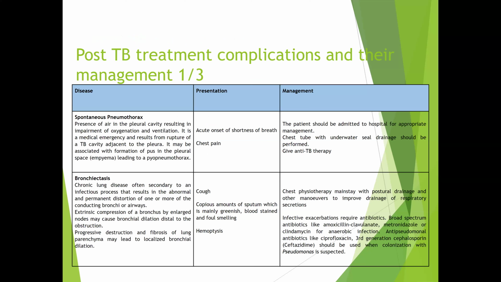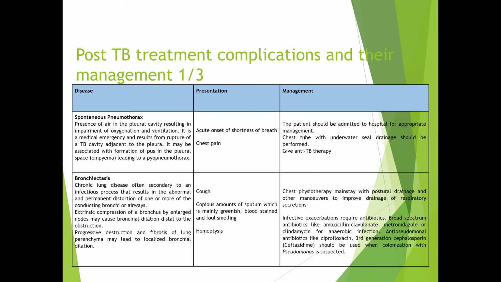One of the first is spontaneous pneumothorax. This is the presence of air in the pleural cavity, resulting in impairment of oxygenation and ventilation. It is a medical emergency that results from rupture of a TB cavity adjacent to the pleura, and it may be associated with formation of pus in the pleural space, that's what we call empyema, leading to pneumothorax.